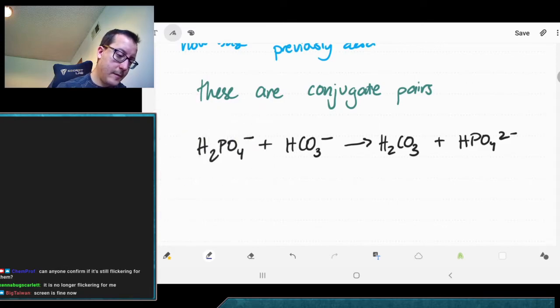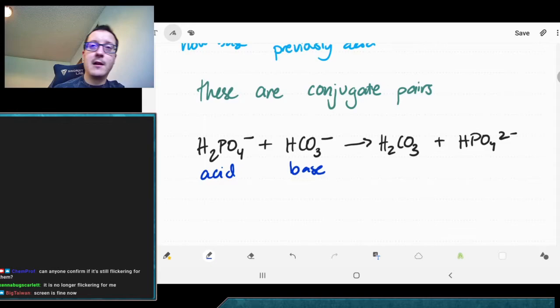We saw that in the forward reaction, the reaction going in the normal direction, this was an acid, this was a base. But if we turn that reaction around, now we have carbonic acid being the acid, and our hydrogen phosphate being the base.